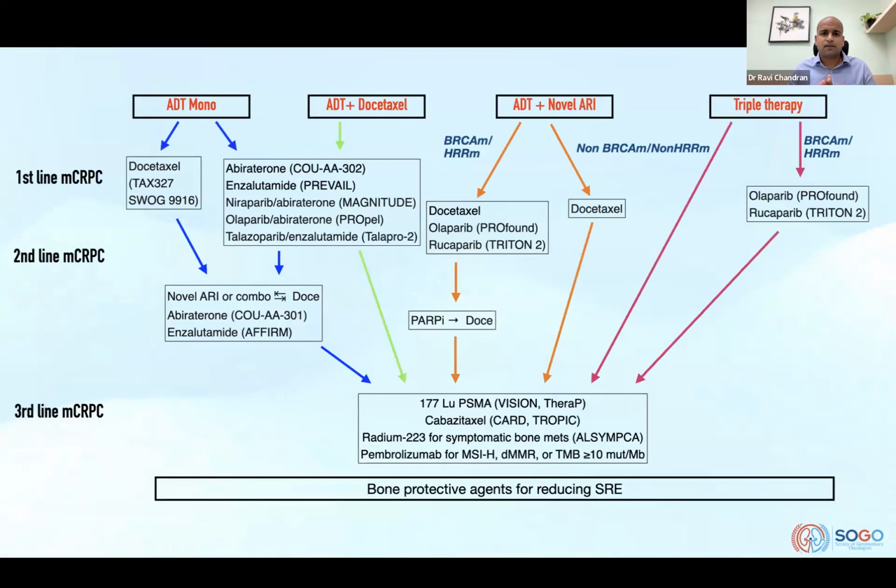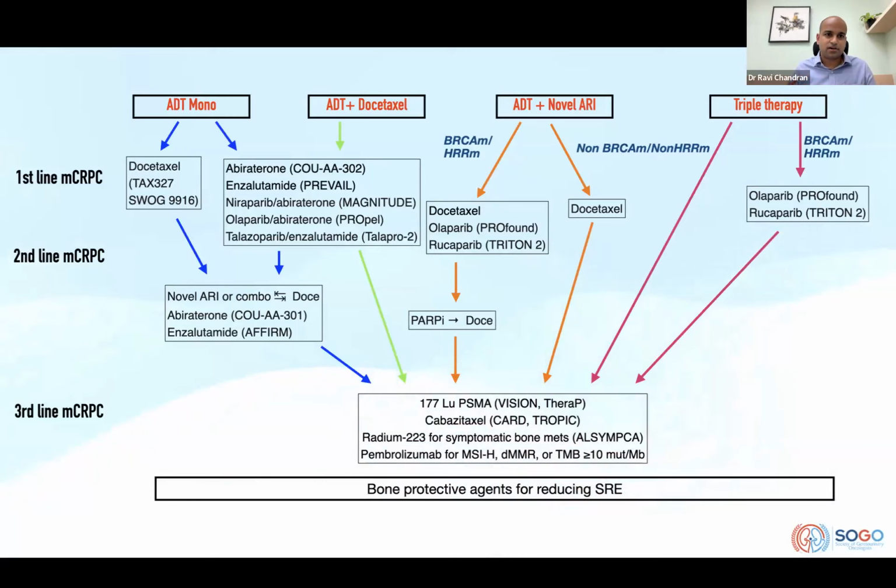Well, this is the flow chart which I have prepared based on currently available guidelines and recommendations. So there are four scenarios which we encounter in our clinical practice. One, if the patient so far had received only ADT as monotherapy, in that setting, we have multiple options. One, docetaxel. We have abiraterone and enzalutamide, both novel androgen receptor inhibitors.